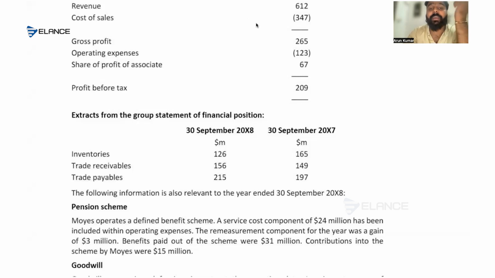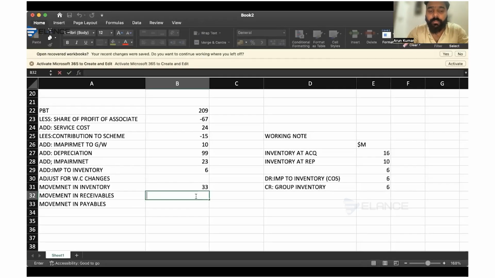Receivable increase means we have given the debt to our outside party. So we have provided the fund. So it's an outflow for the business. So how much is the outflow? 156 to 149, right? So it's a -7 outflow.